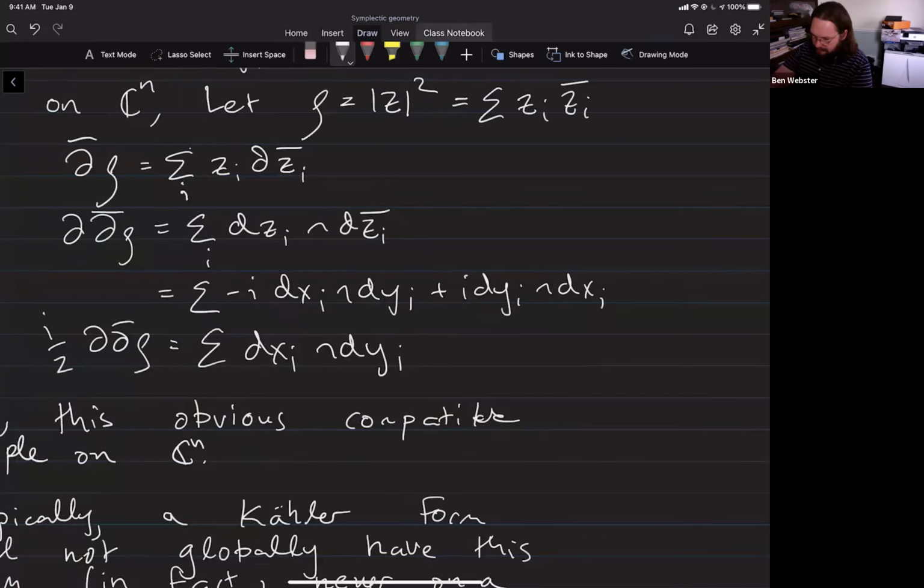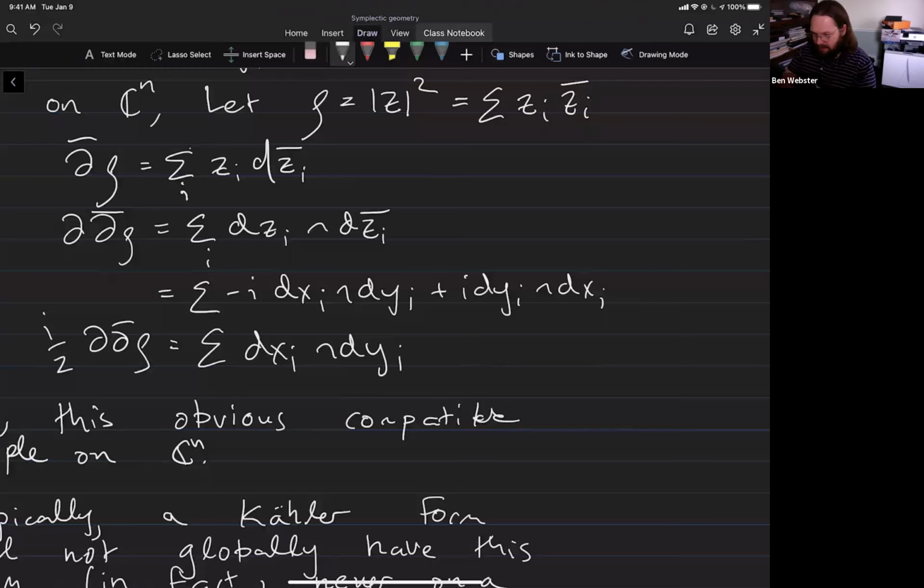I should make sure it's clear this isn't a del, it's a usual d. When I apply del bar to it, I have to take the derivative of this function with respect to z_i bar, which is z_i, and then multiply that by dz_i bar.